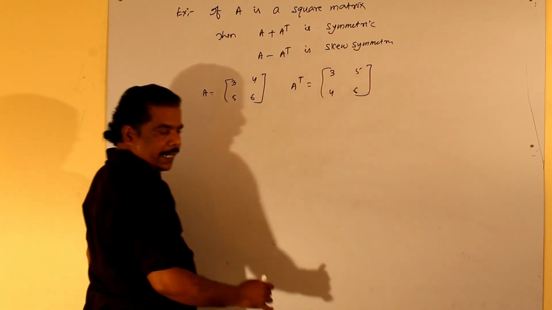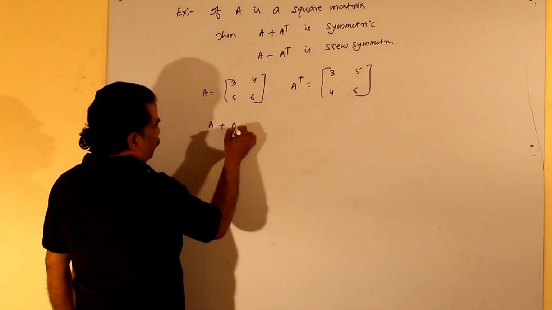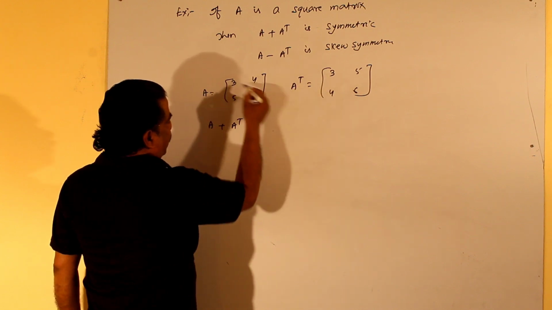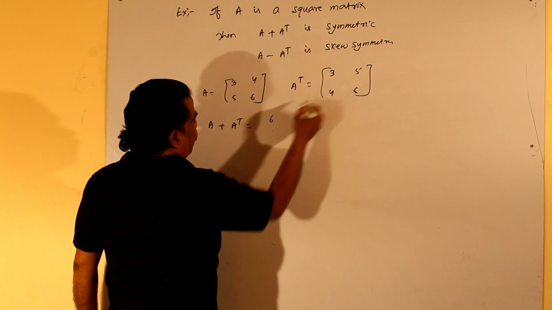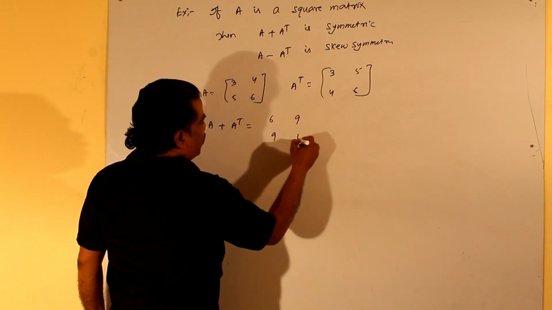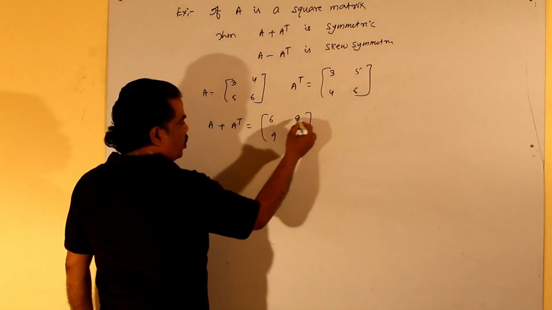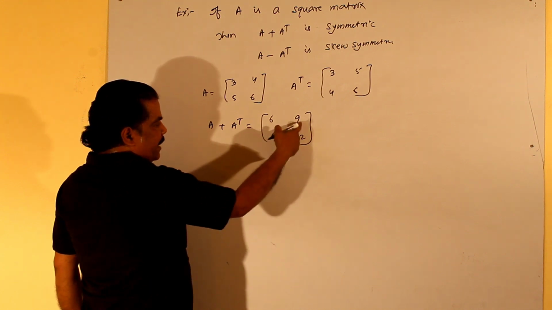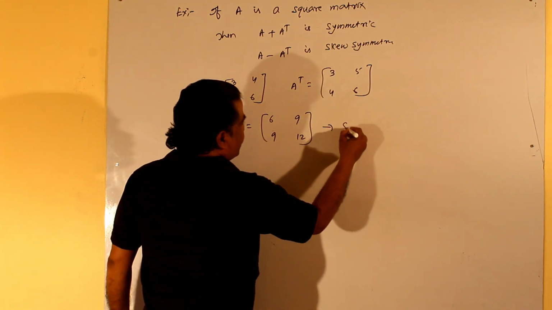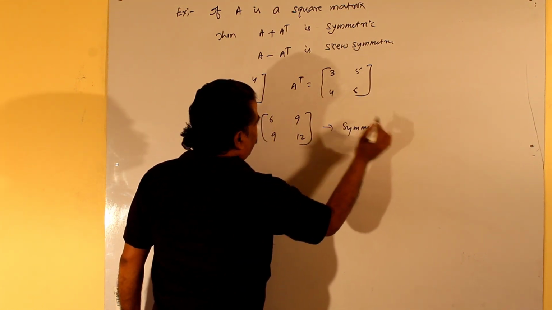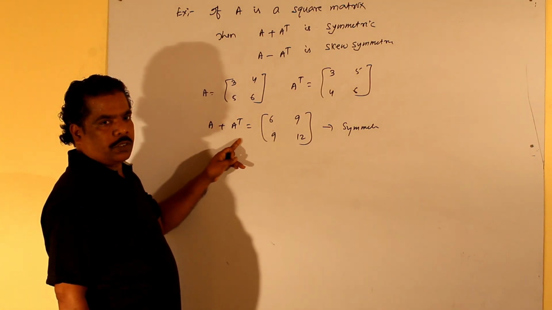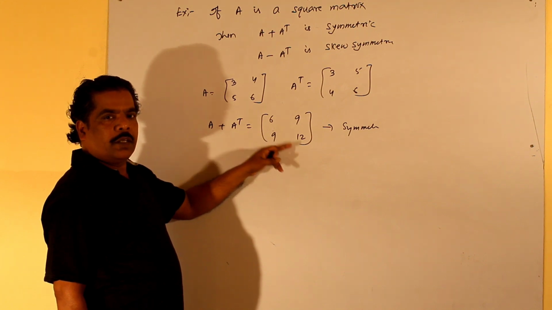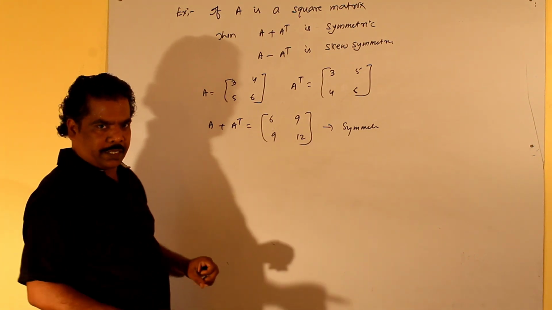When you add it, A plus A transpose, we find 3 plus 3, 6, 4 plus 5, 9, 5 plus 4, 9, 6 plus 6, 12. Here A12 is equal to A21, so it is symmetric. So when we add a matrix to its transpose, we have a symmetric matrix, provided that it is a square matrix.